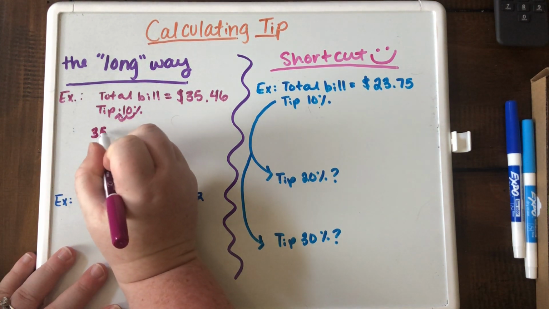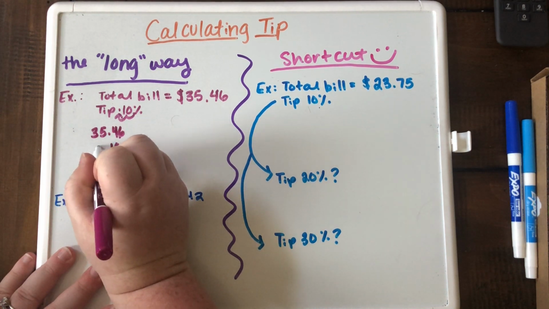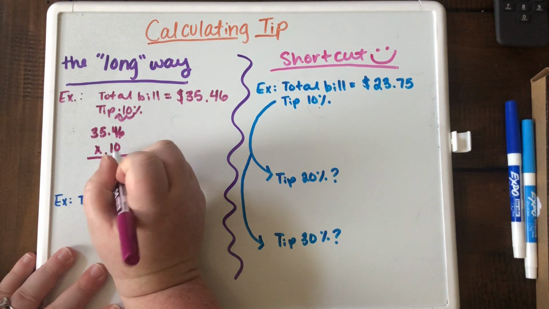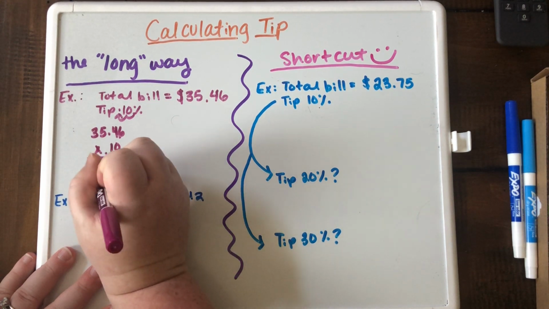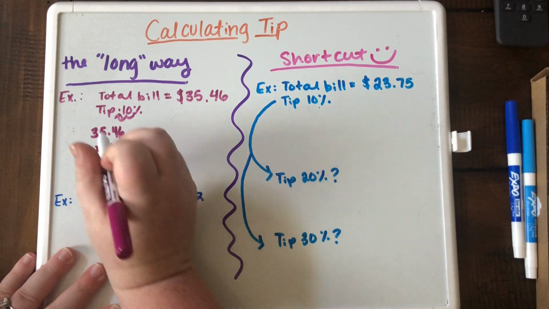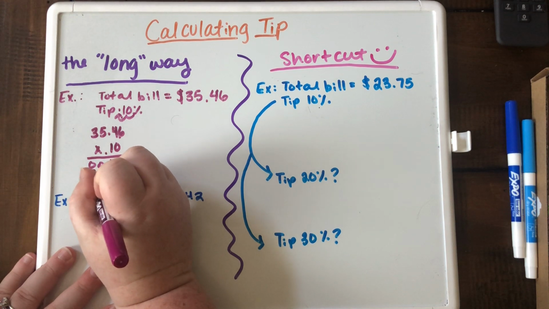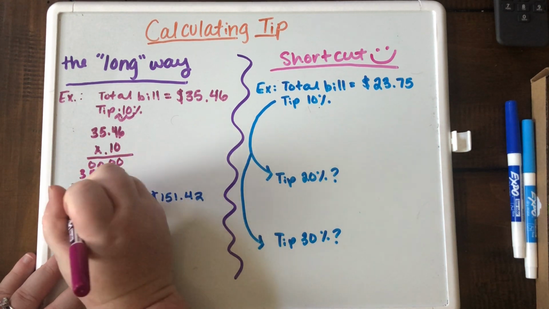And with multiplication, I like to put my bigger number on top because it makes things a lot easier. Now, this part is what takes so long. However, you can use a calculator, friends. I am totally okay with that. You can use a calculator.